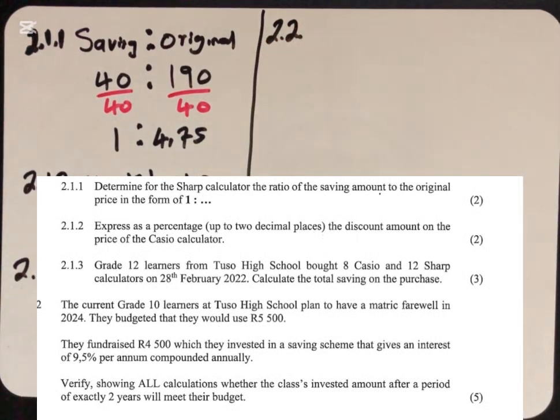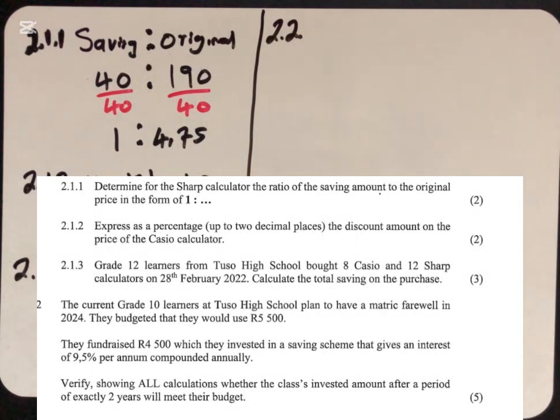2.2, it says that for 5 marks, the current grade 10 learners at Tuso High School plan to have a Matric farewell. It's something that is going to happen in the future.